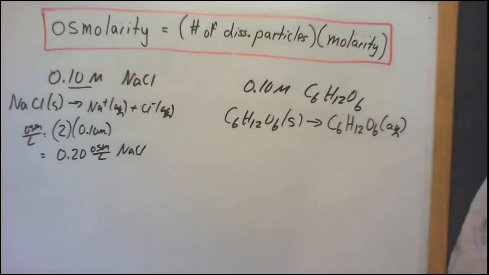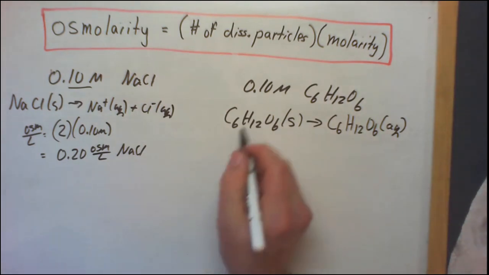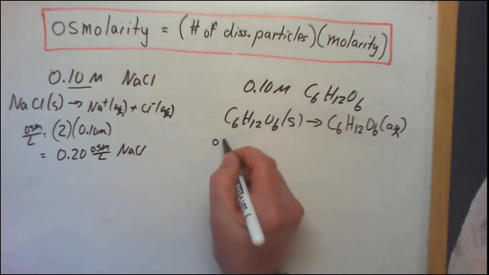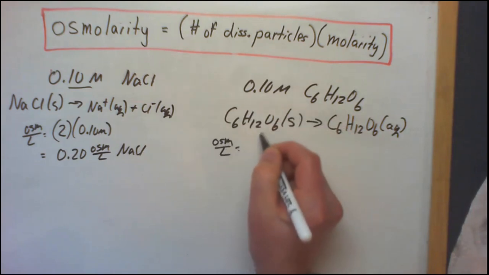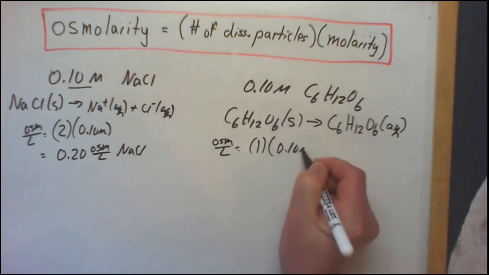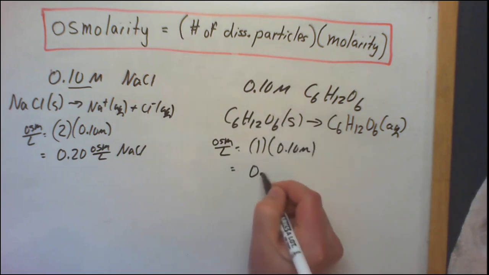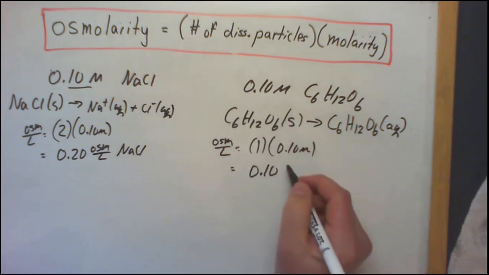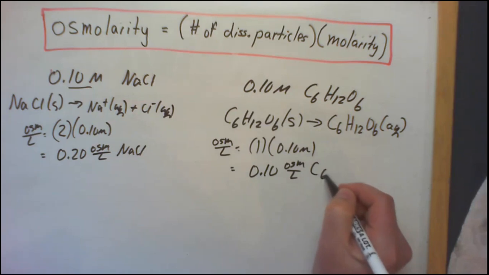They break those intermolecular forces that were holding them together in the condensed state, a solid or liquid phase. So in this case, the osmolarity of this solution is equal to 1 times its molarity, to give us an osmolarity for molecular compounds which is always the same number as the molarity.